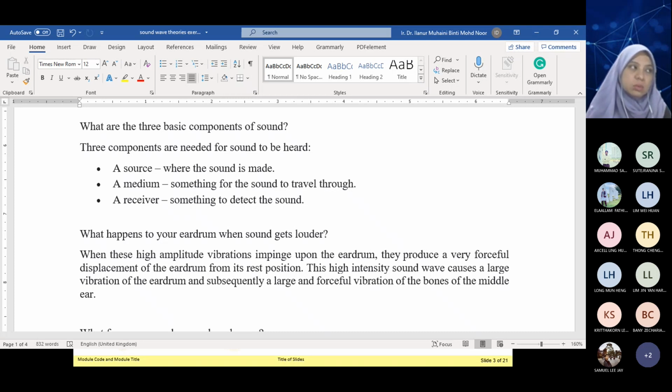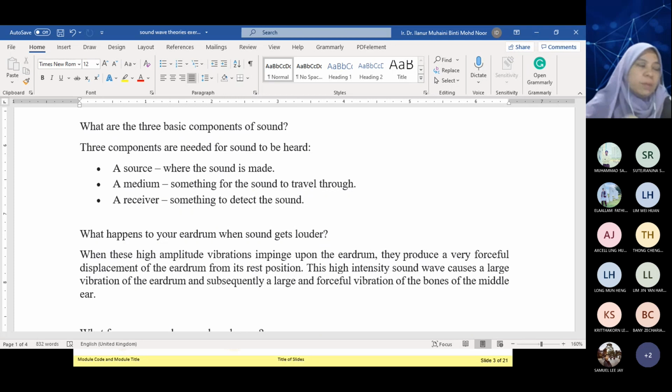So receiver must detect the sound. If you are not using receiver, you will use the sensor. Sensor also must have receiver. For example, if any sound is detected, then something will happen. So receiver is receiving the information from sensor.